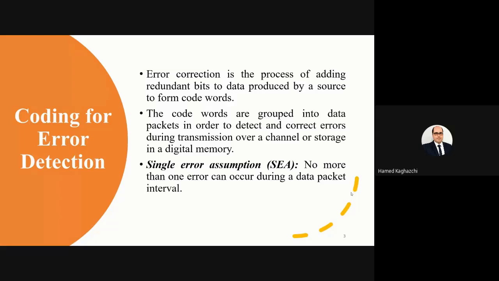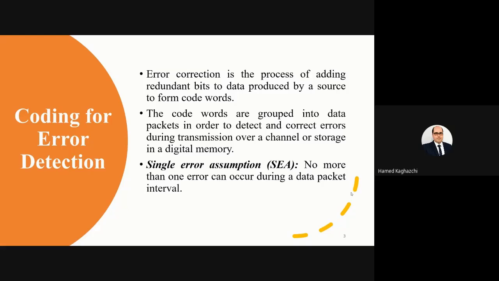We learned in the previous chapters that during the transmission of data from source to the destination, in the channel, some noise can be added to the original signal. For this reason, we need to use some methods to detect the error and correct it at the destination.